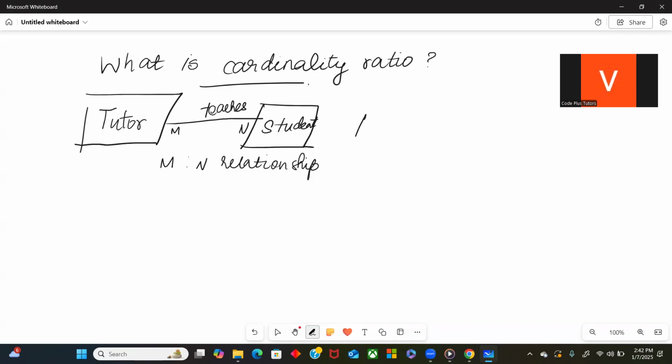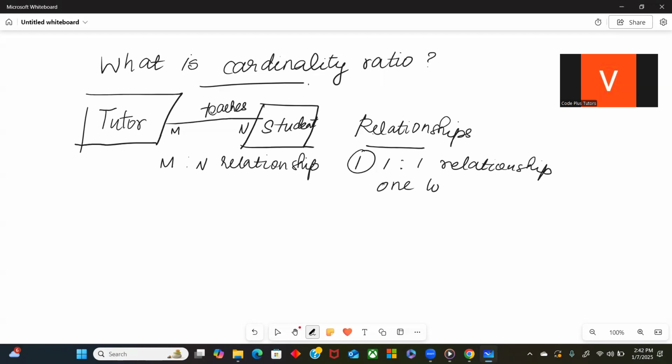When you talk about relationships, we have three different types of relationships. The first one is one to one relationship. You can show it as 1:1, or you can say it as 1-to-1. The second one is one to many relationship.